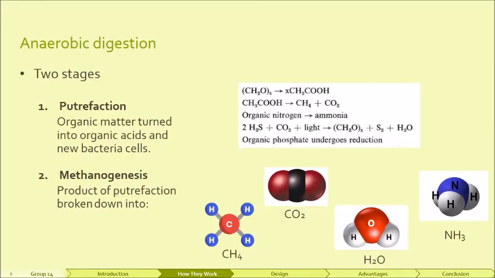During the second stage, methanogenesis, methanogenic bacteria break down the products of putrefaction, which will be the organic acid, into methane, carbon dioxide, water, ammonia, and new bacterial cells. The most efficient retention time period for the wastewater to stay within the anaerobic pond in order to decrease BOD values is up to 5 days.